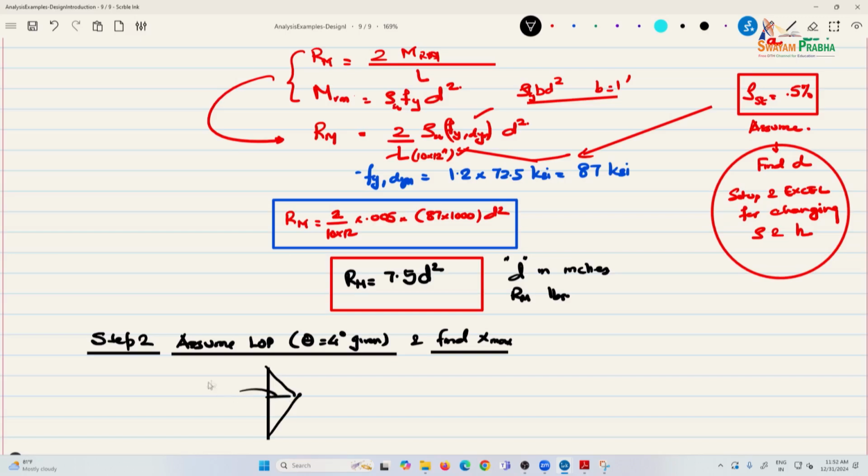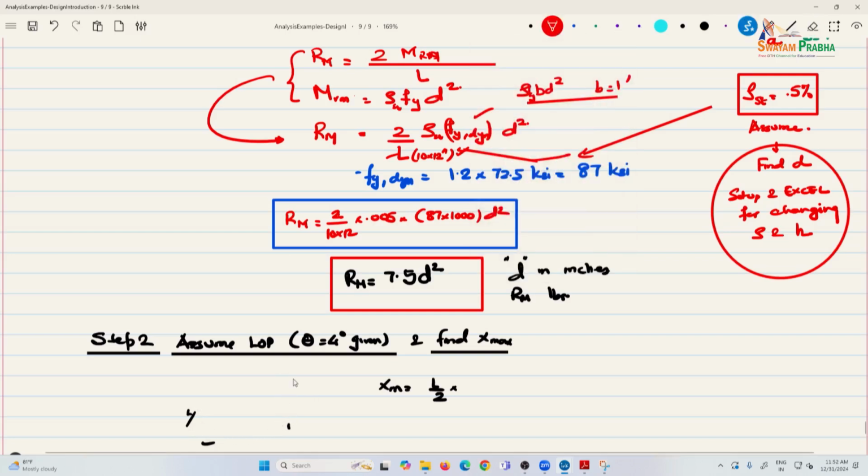So this is xm, L by 2 and this is 4 degrees. So xm is equal to L by 2 multiplied by, I am sorry, this is a cantilever.